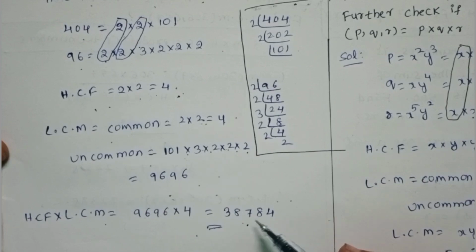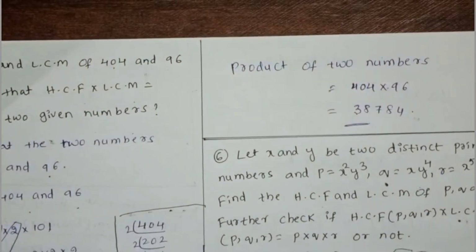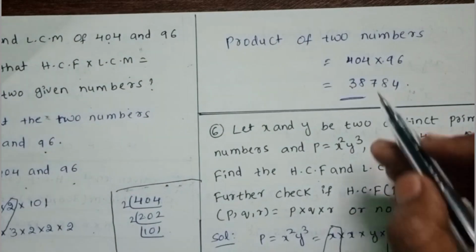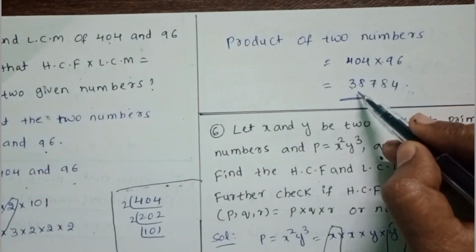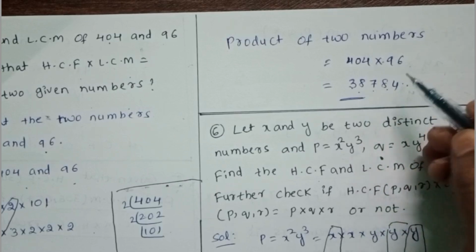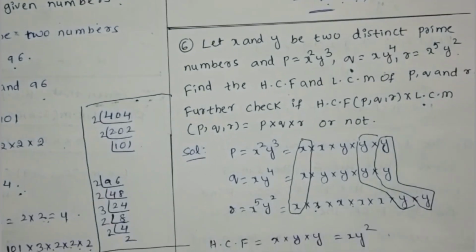That answer is 38784. The product of the two given numbers is 404 into 96. If you multiply these numbers, you get 38784. So our verification is correct.